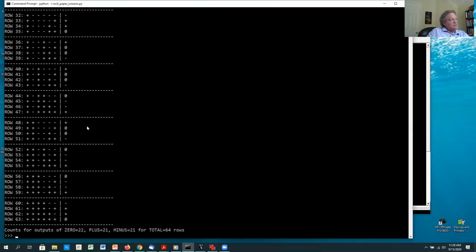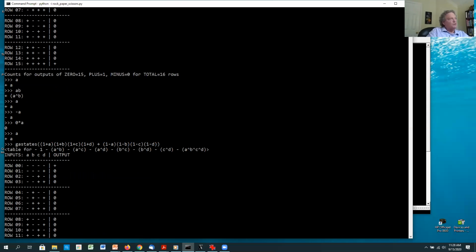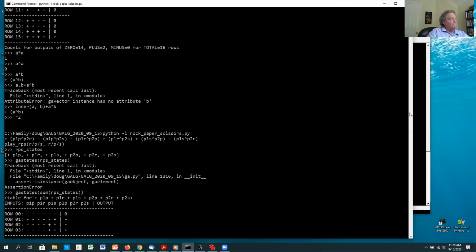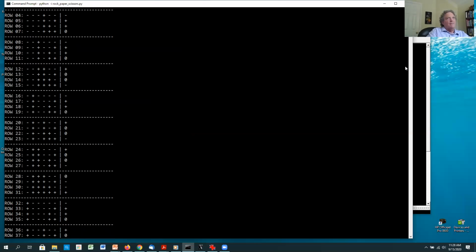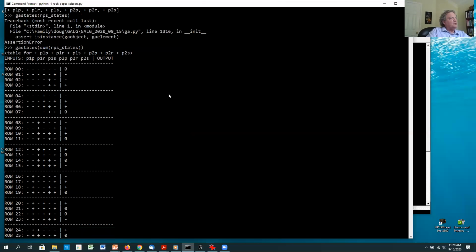Then I get this table that's 64 elements wide and 64 elements long. And the reason is because I'm putting them in normal form.